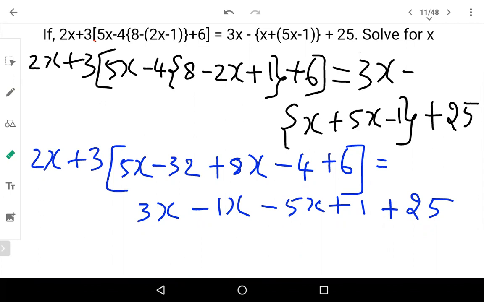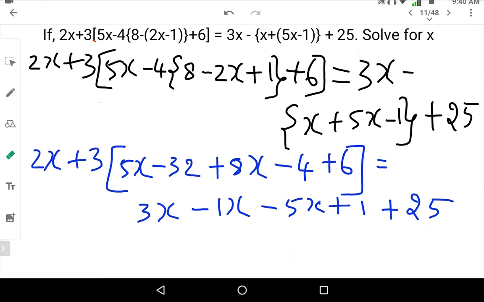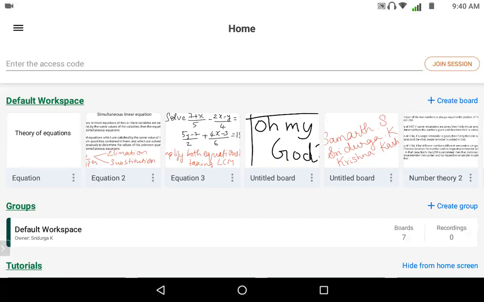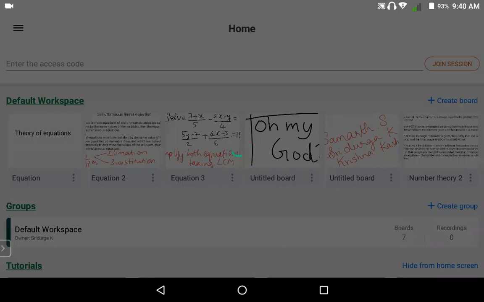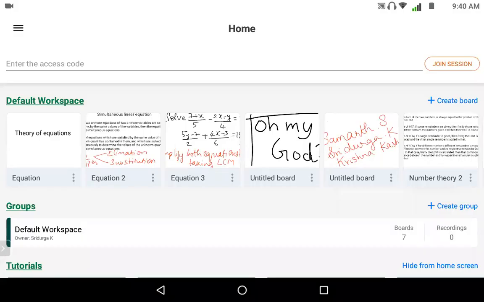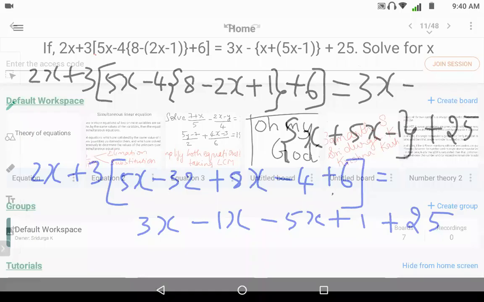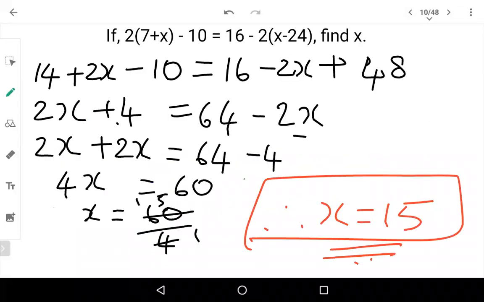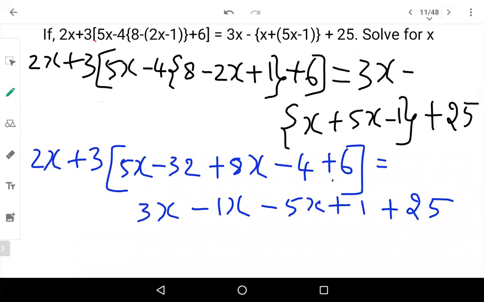Understood step number 2? Okay. Now let us go to step number 3. In step number 3, we are supposed to remove the square brackets.